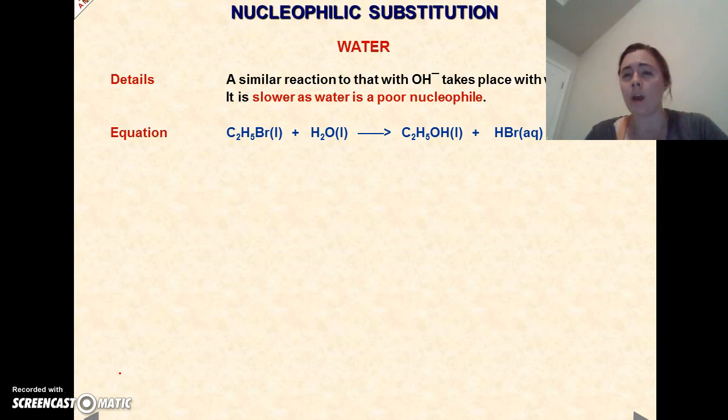Water works the same way. It's a weak or a poor nucleophile, but you can still bump it out. It's a very slow reaction. But the same thing happens. Now remember that you're using the oxygen. Oxygen has 2 electrons. Here's a hydrogen.